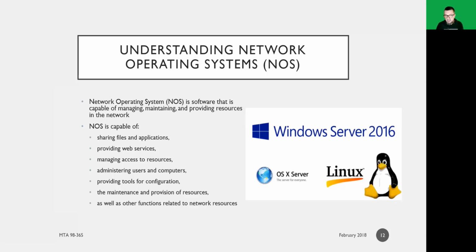Other than that, let's take an example with Windows 10. If we have a computer with Windows 10, we can share files, we can share the printer, we can share web services as well, FTP services as well. We can virtualize that particular machine as well.